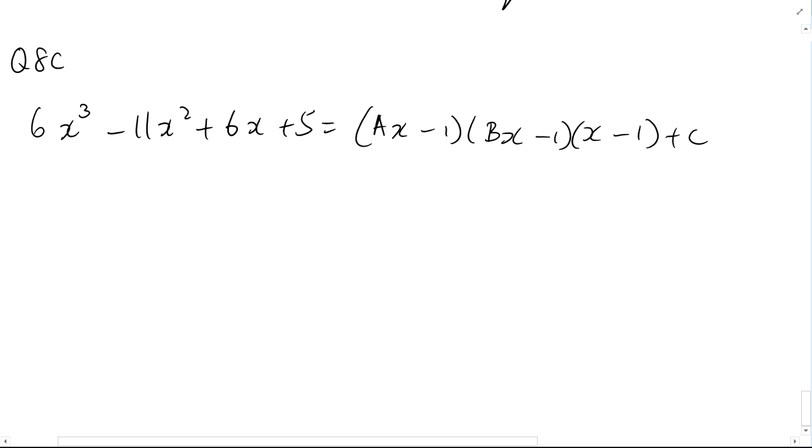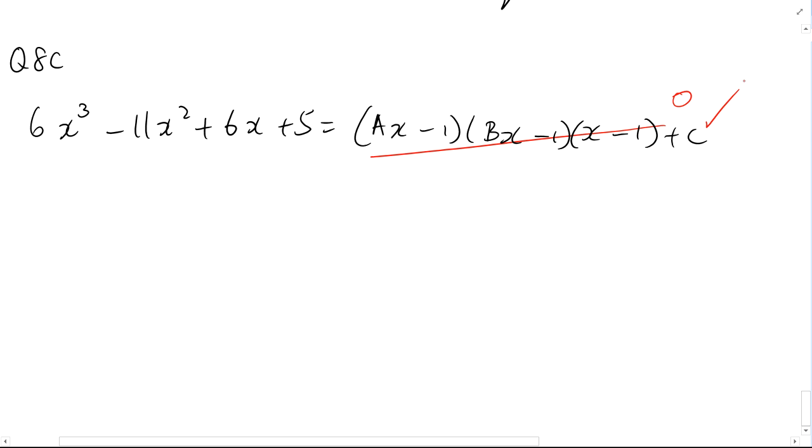Okay, class, what do you want to sub into x? Let us sub 1 first. When you sub 1, all this becomes 0. So you get c. Okay, c is done.